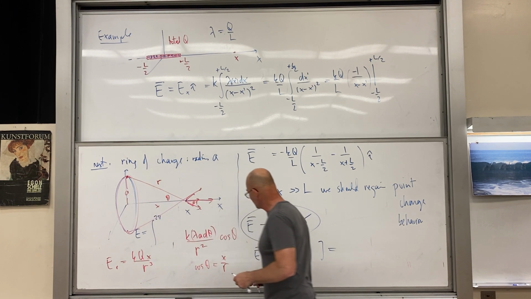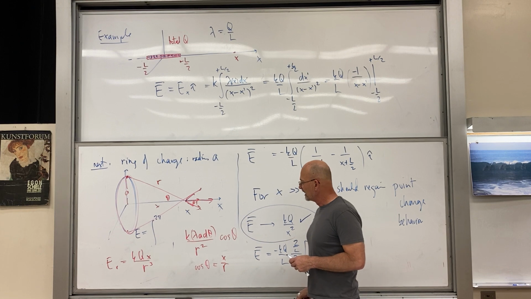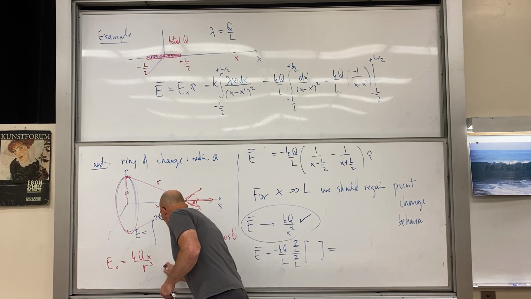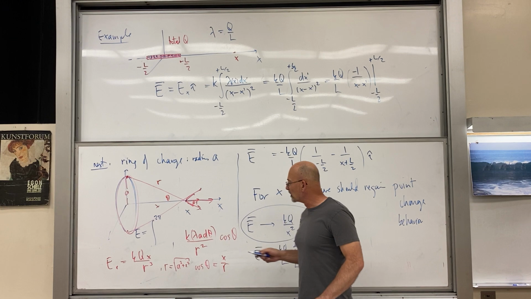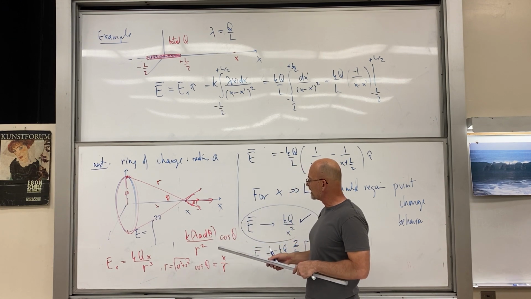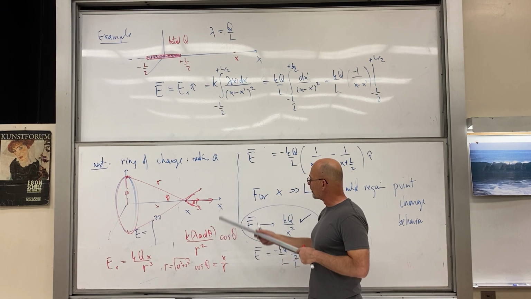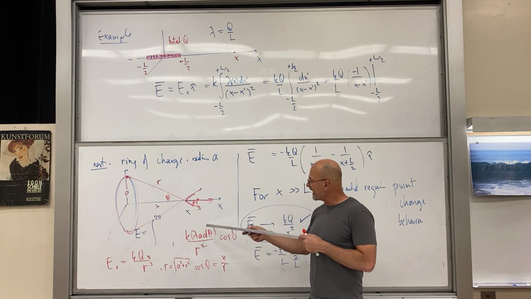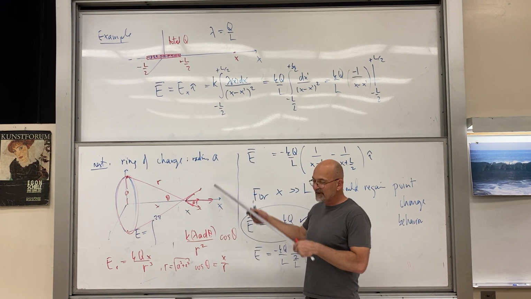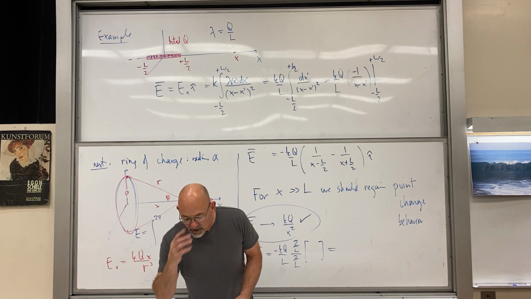And r is equal to root a squared plus x squared. Okay, so that's in the book. That's the quick construction of it, and I want to put a couple homework problems up for you guys to solve using that example there. Let me make sure we know which one it is.